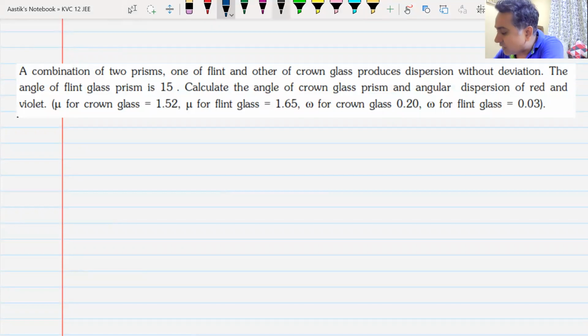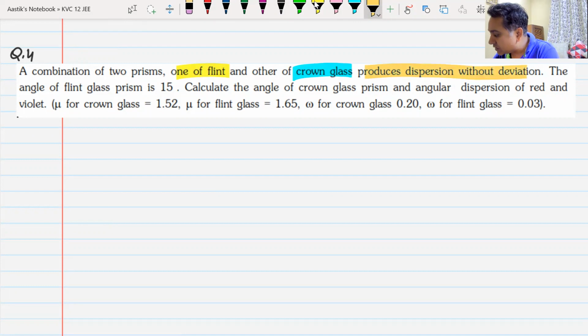It has some values, but I can't help it. The values are going to be there. A combination of two prisms. I told you, one is of flint glass, the other one is of crown glass. Combination of two prisms, one of flint. Flint is yellow, crown is blue. Produces, the important thing is dispersion without deviation. The angle of flint glass, which is yellow, is 15.